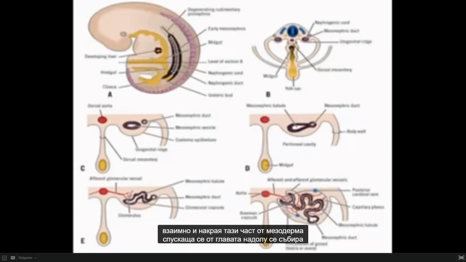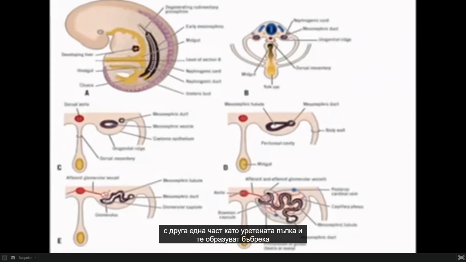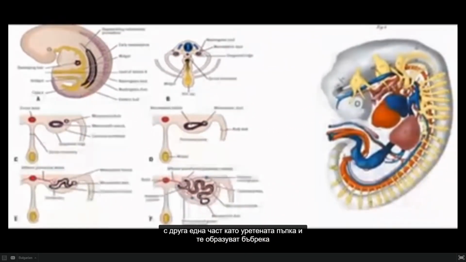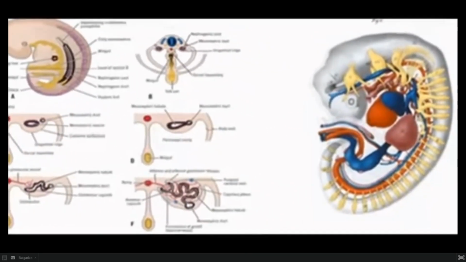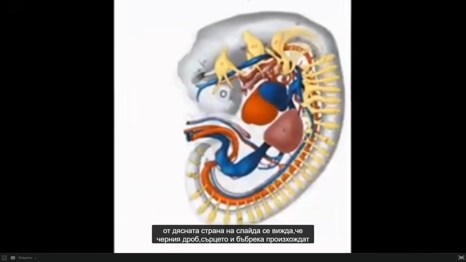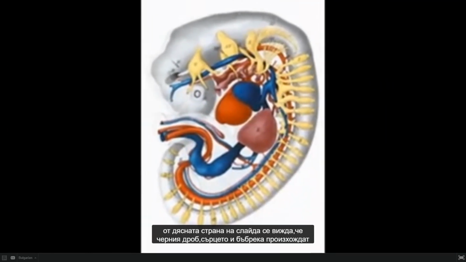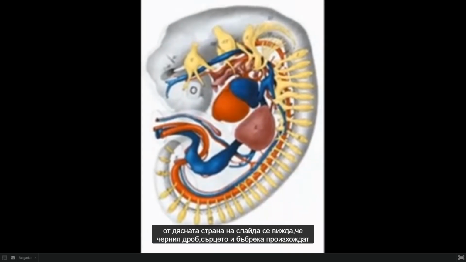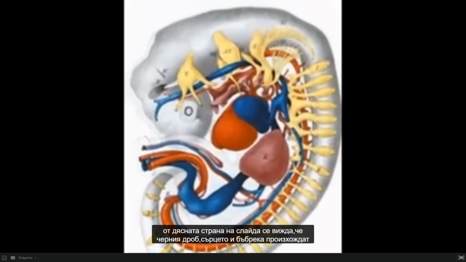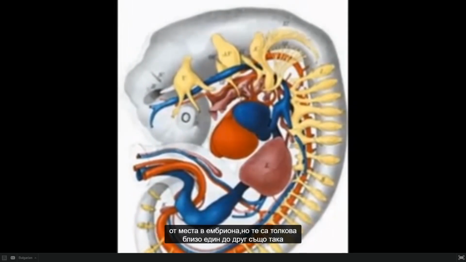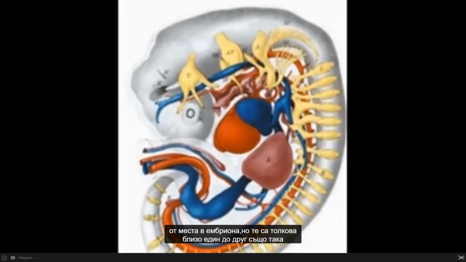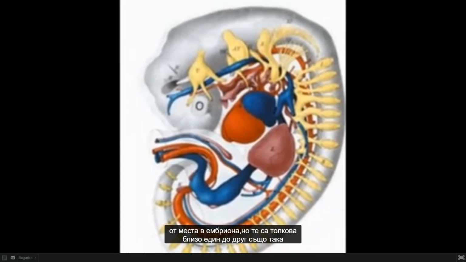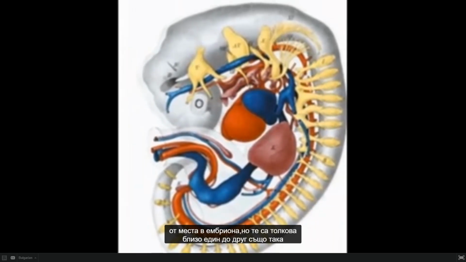Finally, that part of mesoderm descending from head to bottom connects with the other part, the ureteric bud, and they form the kidney. On the right side of that slide, it's visible that the liver, heart and kidney have their origin in places in the embryo where they are so close to each other.